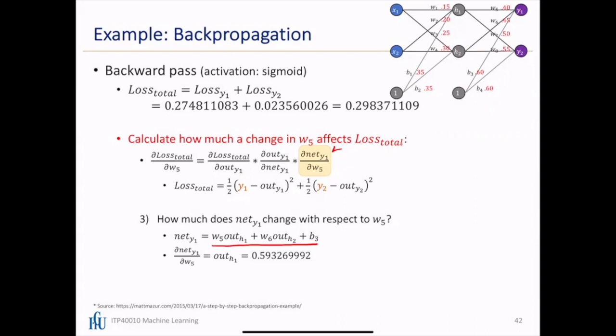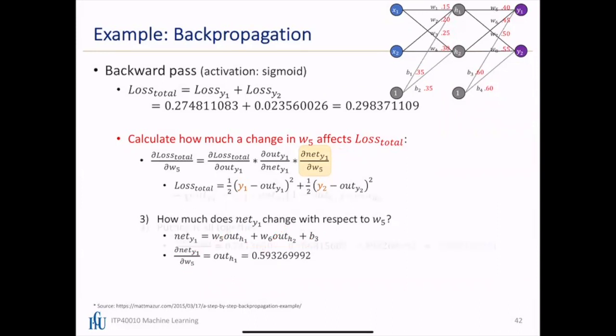If you plug this in here, you can simply take the derivative of this with respect to W5. Since there's no W5, these two are gone, and this will be 1. You only have output of H1. So simply taking the output of H1, that is the quantity for the third factor.